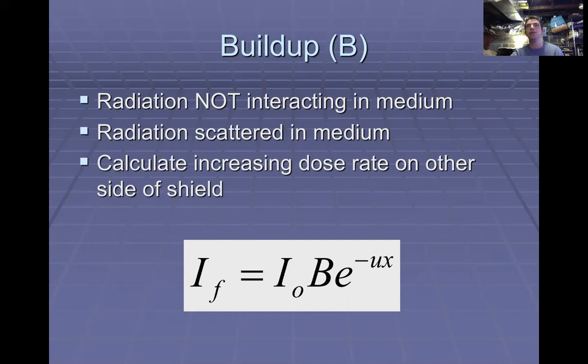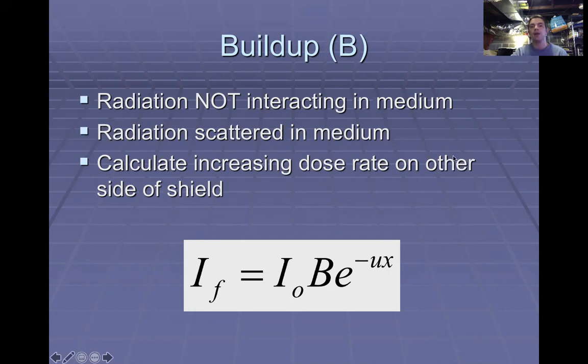And as that lower energy radiation gets stopped more and more, what's left behind is a higher energy radiation beam. When you strip out all the low energy stuff, that means that you need more shielding. The deeper you go into the shield, the less is going to get stopped, because you're only left with that high energy stuff that's not stopped as easily.